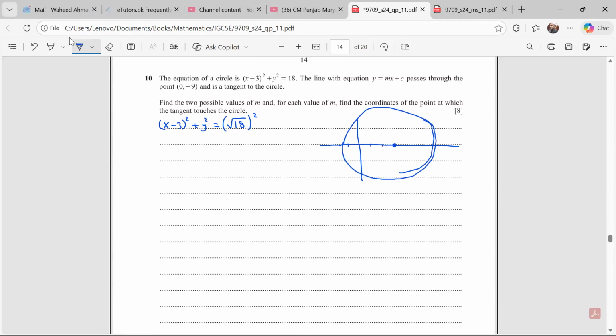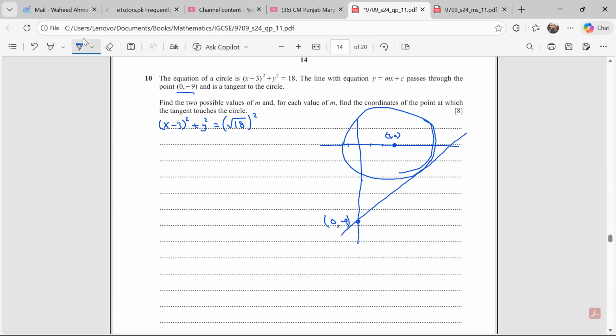Okay, and then we are given another point, (0, minus 9). So (0, minus 9) is somewhere here, and the center is at (3, 0). Now you can imagine I can make two straight lines which are passing through this point and which are tangent to the circle.